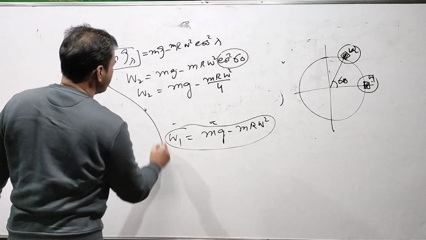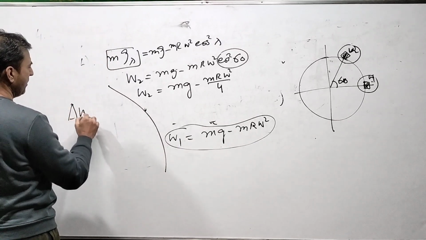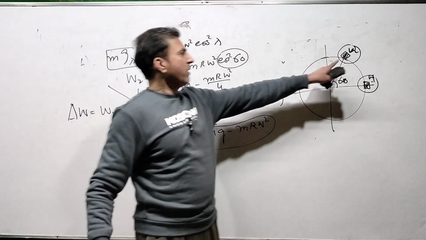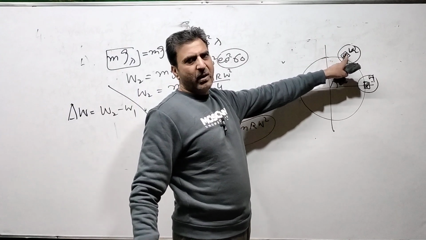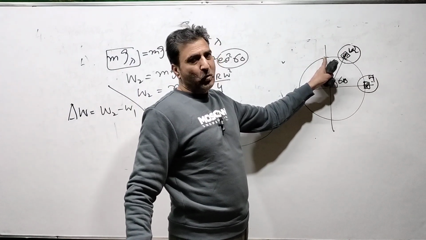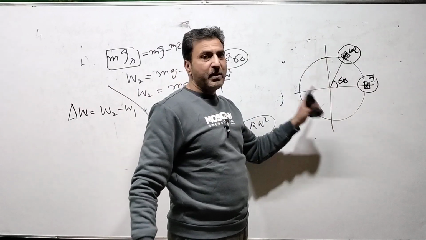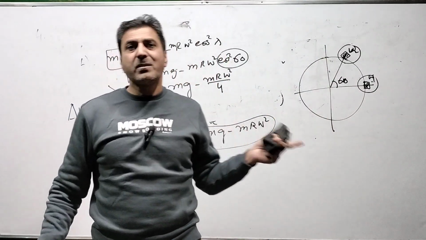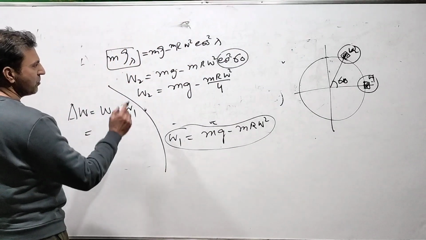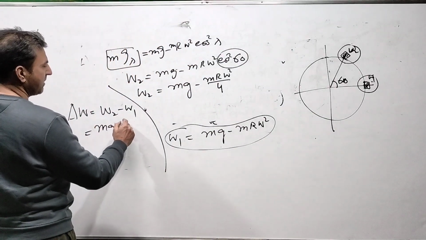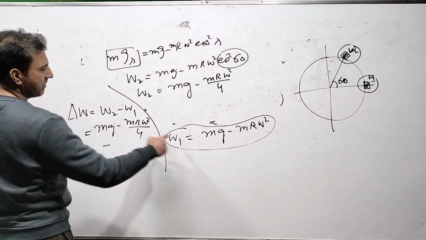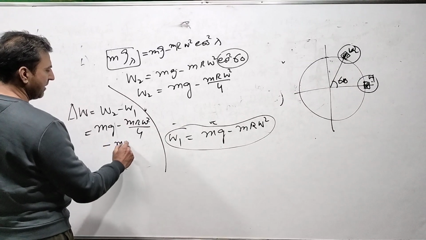W1 you know. So what is the change in weight? Delta W is equal to W2 minus W1. The weight here will be more because g here will be greater, and g at the poles will be the greatest, because there is no effect of rotation. So W2 is m g minus m r omega square by 4, minus W1, that is m g minus m r omega square.